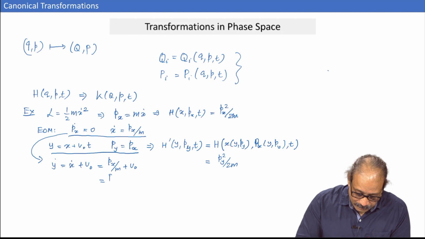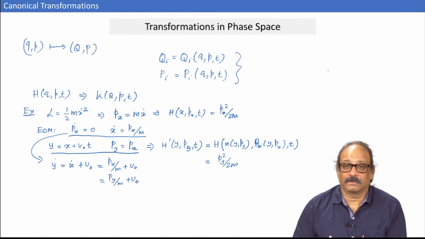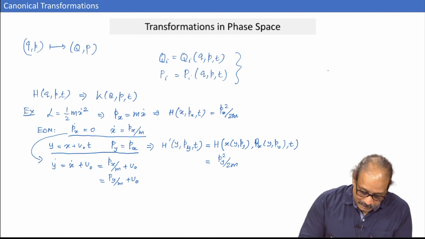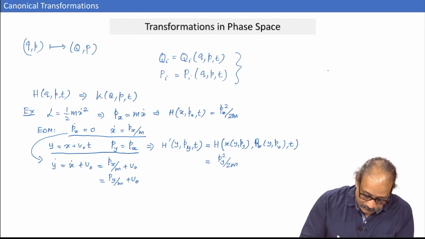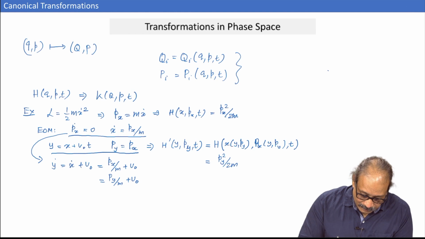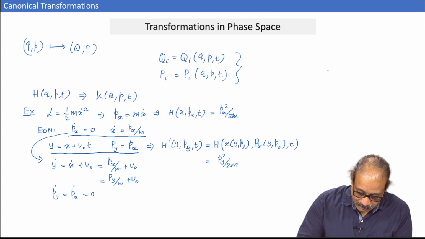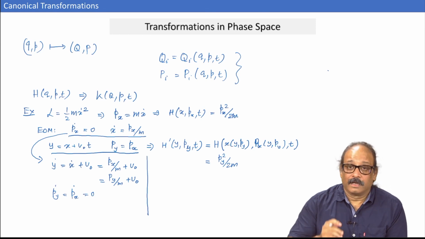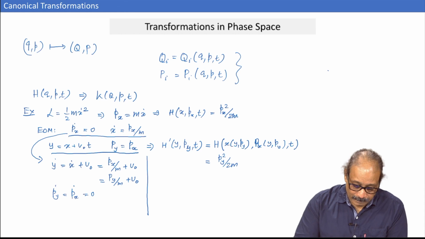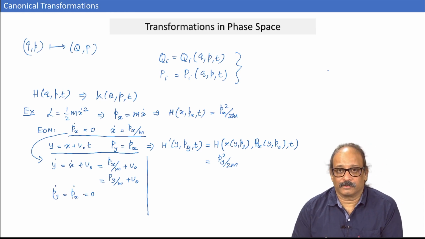According to our transformation, it is Py by m plus v naught. This is the first equation, and the second equation will be Py dot, but that is the same as Px dot and will be equal to 0.